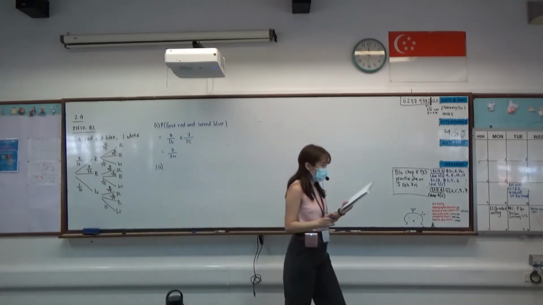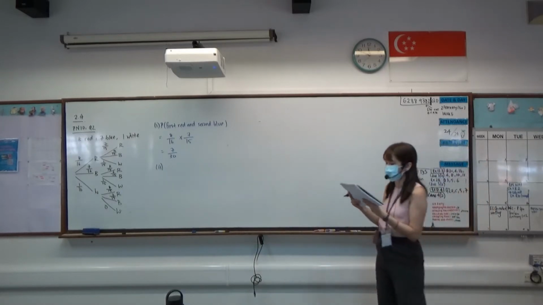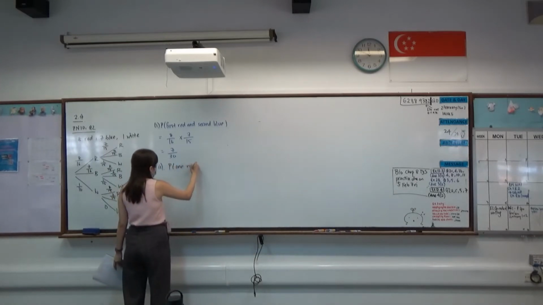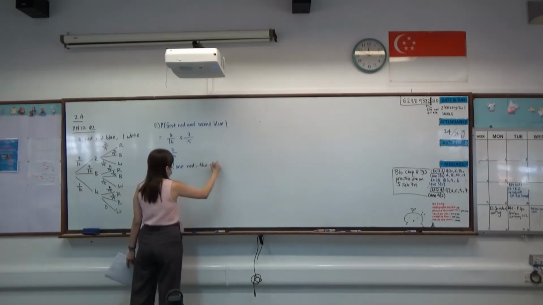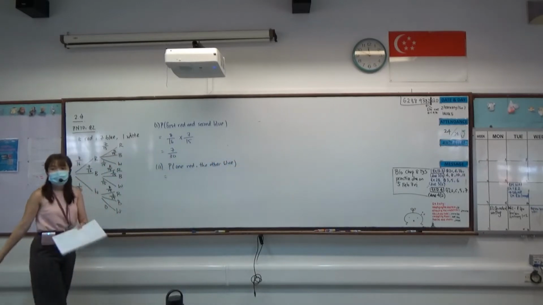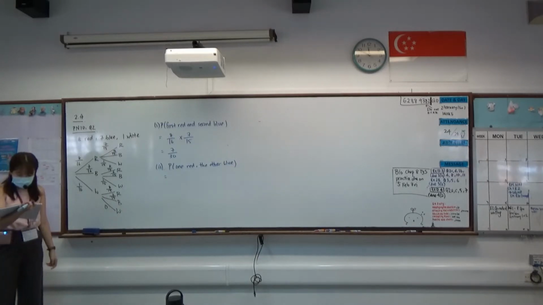Right? Next, in part 2, we want to get one ball is red while the other ball is blue. Okay? So, one red, the other blue. What would the answer be then? Ding Hui, what's your answer?